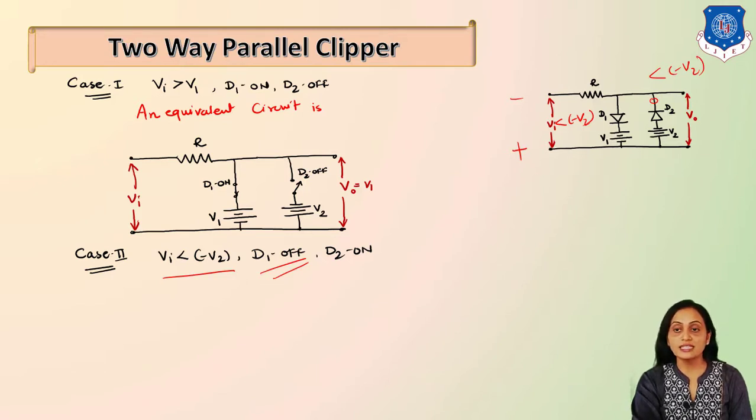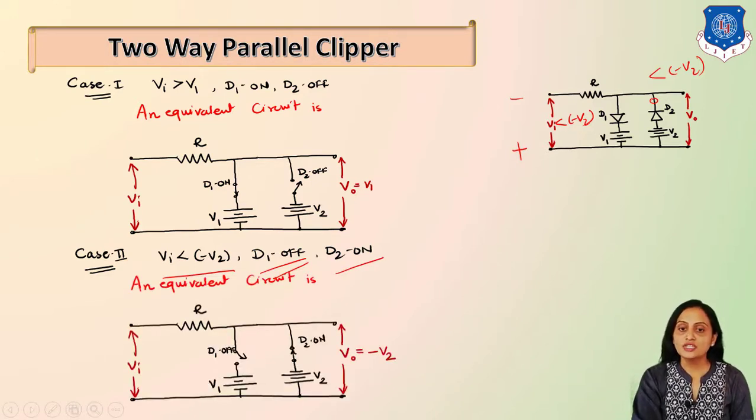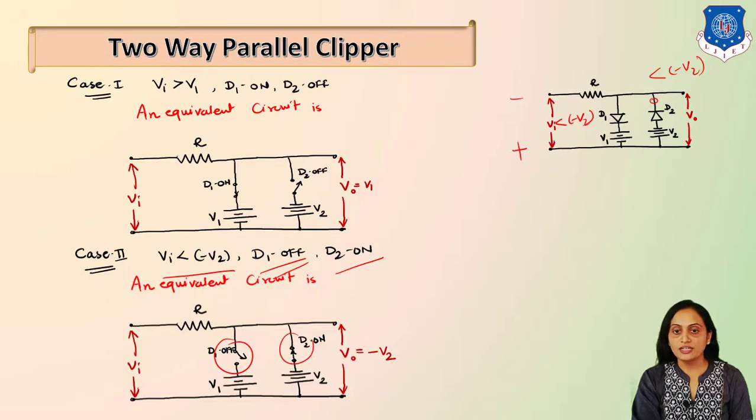That is why we can say that D2 is on. So D2 is forward biased, and if we draw the equivalent circuit for the same, it is shown with the D1 switch open and the D2 switch closed, and due to that the output voltage will be minus V2. Here we are considering the diodes to be ideal, that is why we are replacing the diode with the equivalent circuit, switch open and switch closed.